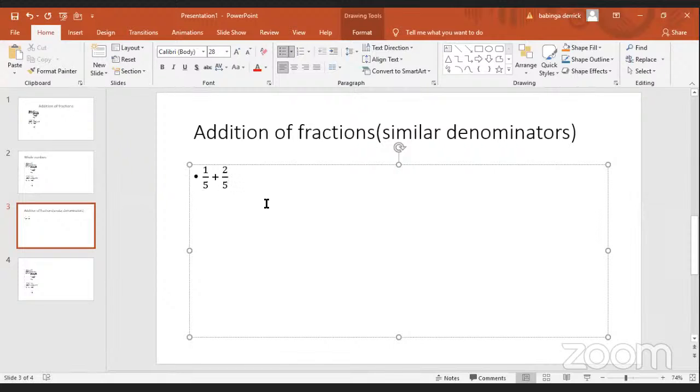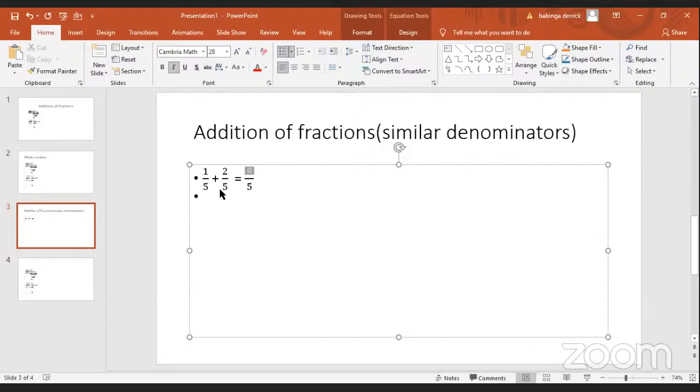So when you find such fractions, you don't need even to think a lot. Similar denominators means that you remain with one denominator. Because it is 5 and 5, we remain with 5.